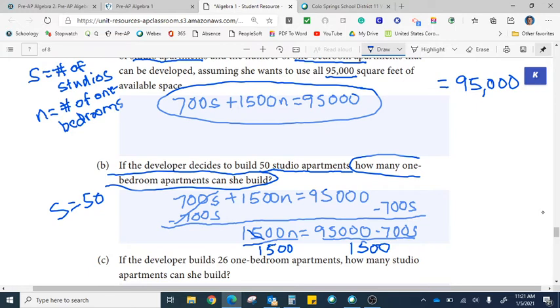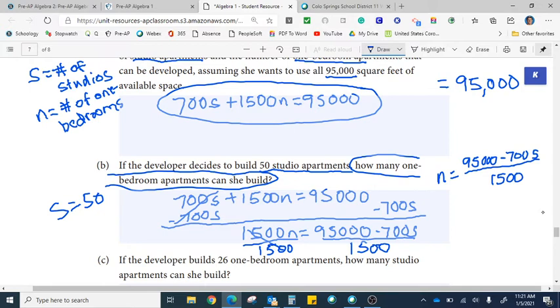So over here I'm going to say n equals, and just rewrite this whole thing right here. So 95,000 minus 700 S, all over 1,500.